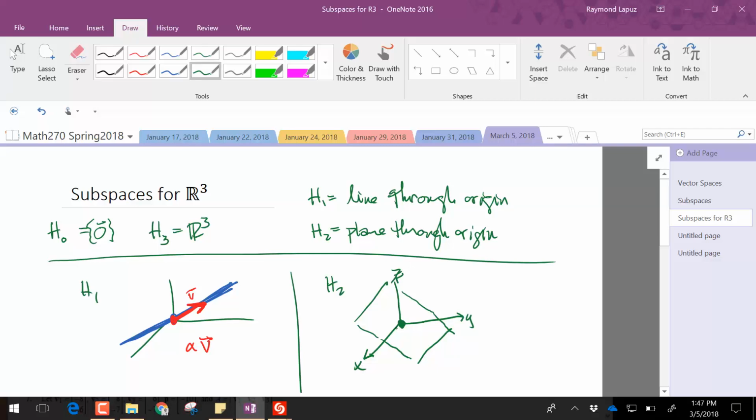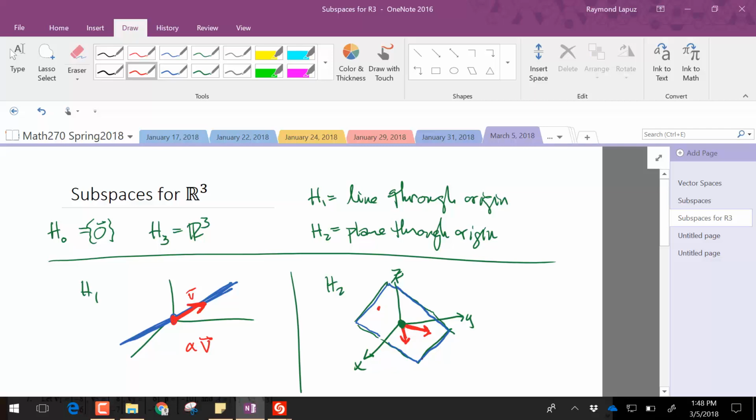See if I can draw a plane through the origin. So this plane goes through the origin. What can we say about this plane? What can I say about this plane in terms of vectors? There's two vectors. I can imagine two vectors on the plane that are not going in the same direction, right? And then what if I want to find another point in the plane?